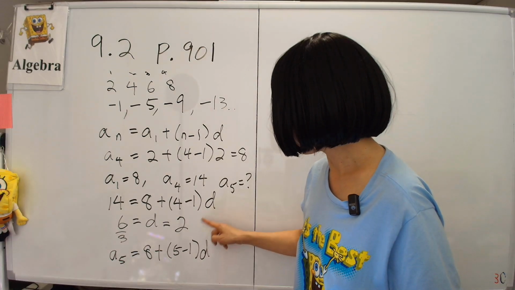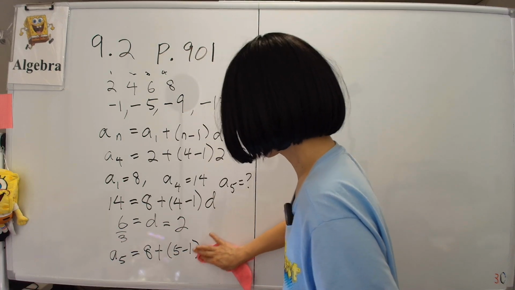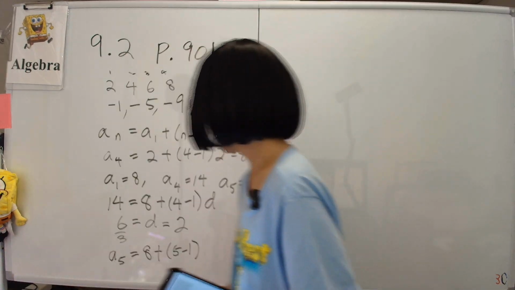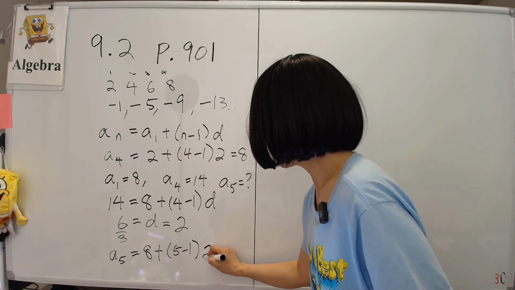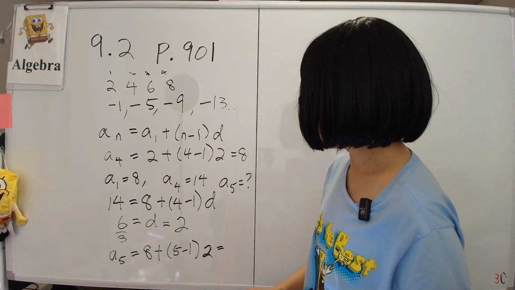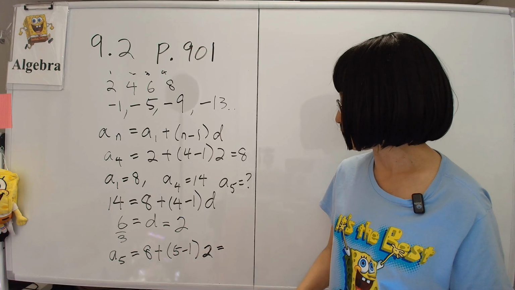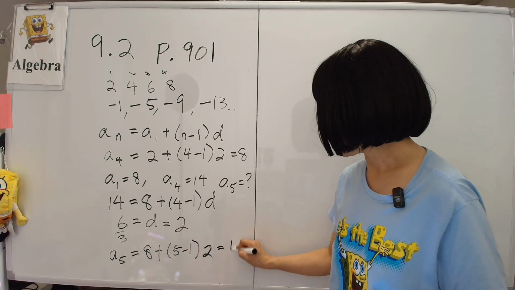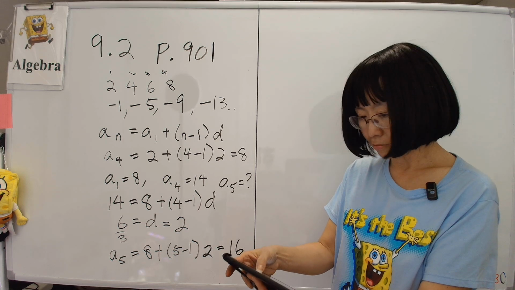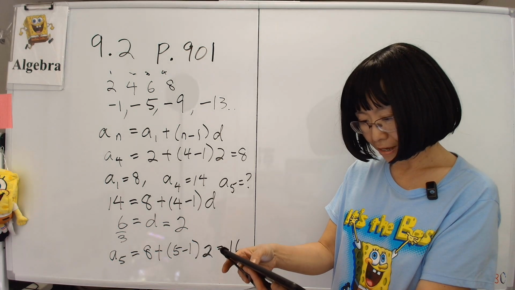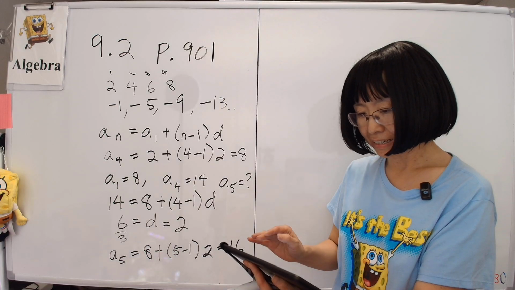And d we already figured out equals 2, so I'll write that instead. So d equals 2, and then let's calculate this. 8 plus 2 times 4 is also 8, so a5 should be 16. And so find a5. Yep, it says a5 is 16, so that is correct.